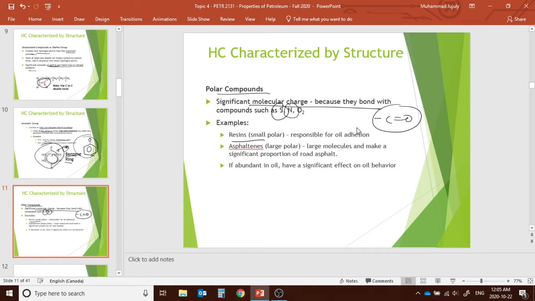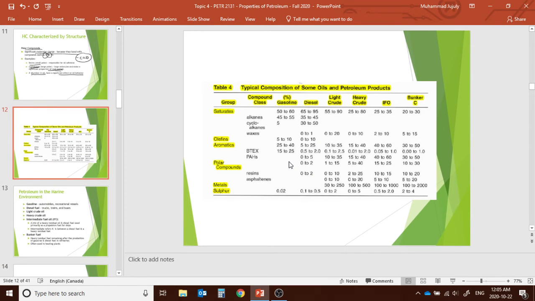Resin is a type of polar compound, of course, but the asphaltene is a large polar compound. A significant portion of the asphalts is actually made of asphaltenes. If there are more polar compounds in the oil, it will have a significant effect on the oil's behavior.